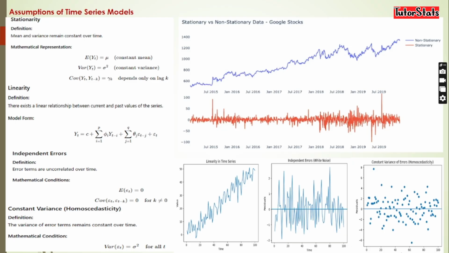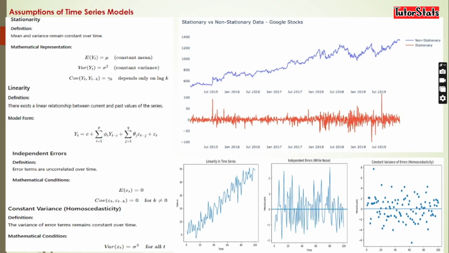So let's start with the most important assumption in time series analysis, that is stationarity. Stationarity means the behavior of the data does not change over time. In simple words, the average value remains constant, the variance remains the same, and patterns look stable over time.